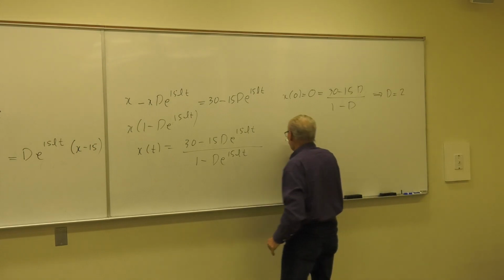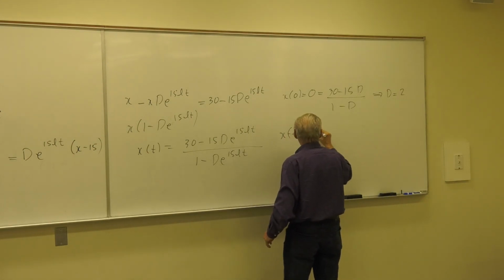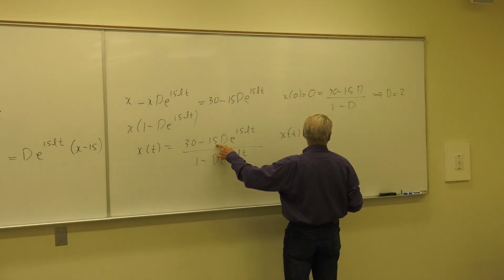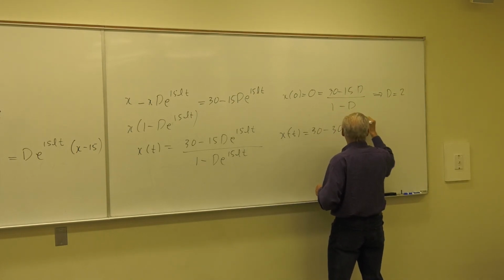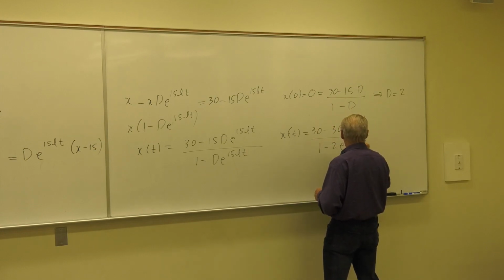So finally, x of t is equal to 30 minus 15 times d, that's another 30, e to the 15 lt, over 1 minus 2 e to the 15 lt.